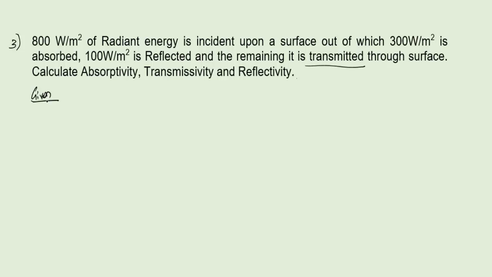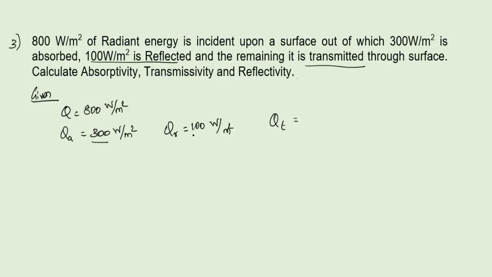The total incident radiation Q equal to 800 watt per meter squared, the energy absorbed QA equal to 300 watt per meter squared, and the energy reflected QR equal to 100 watt per meter squared. The remaining is transmitted. So 300 plus 100 is 400, and the remaining, 800 minus 400, is 400 watt per meter squared.